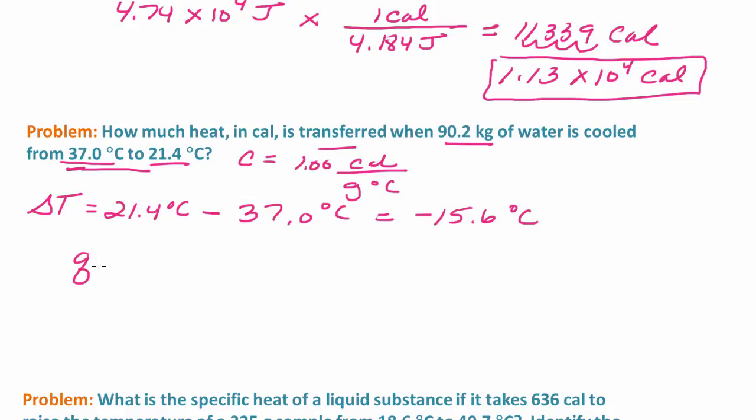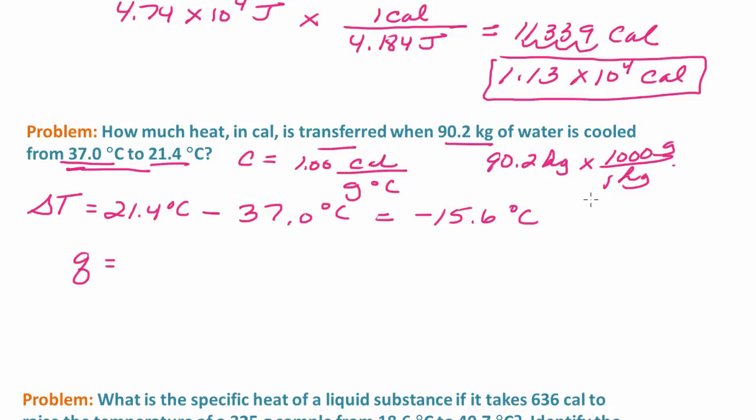What we have is Q is equal to the mass, so that's 90.2 kilograms of water. Now we need to be in grams, so let's convert that kilograms into grams. We have 90.2 kilograms, and we know that 1 kilogram is 1,000 grams.